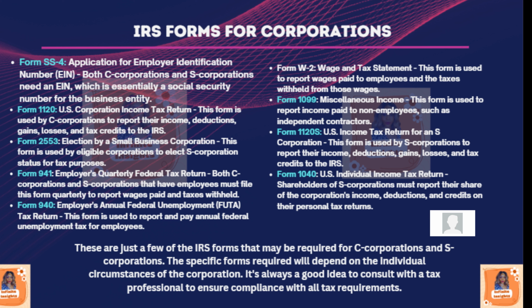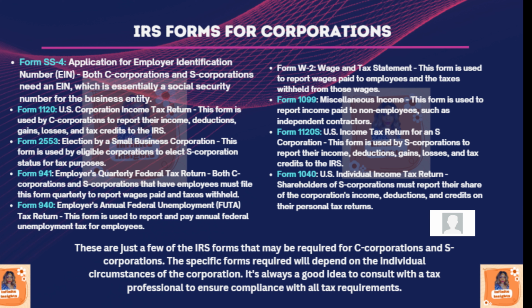Form 941, employer quarterly federal tax return. Both C corporations and S corporations that have employees must file this form quarterly to report wages paid and taxes withheld. Form 940, employer annual federal unemployment tax return.